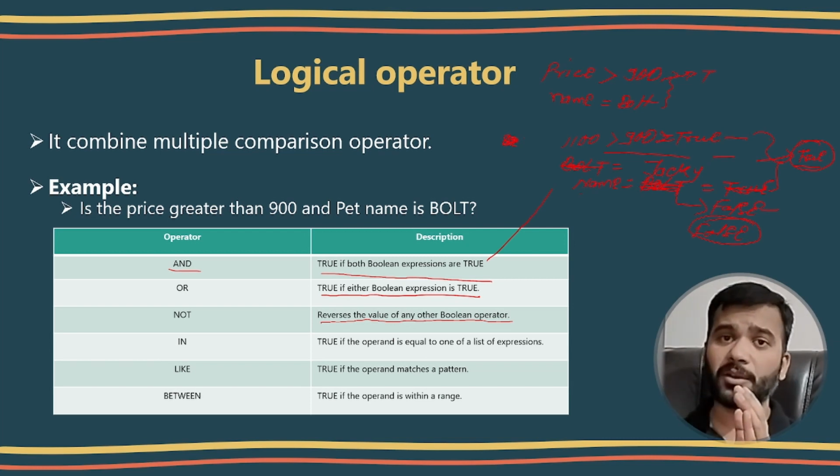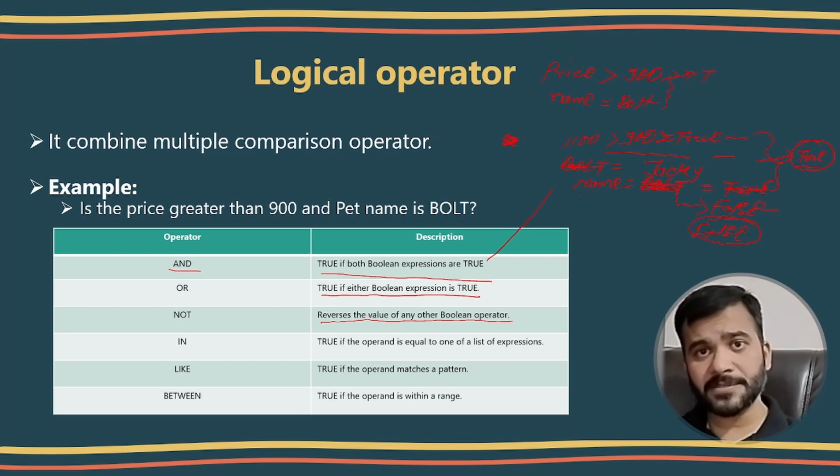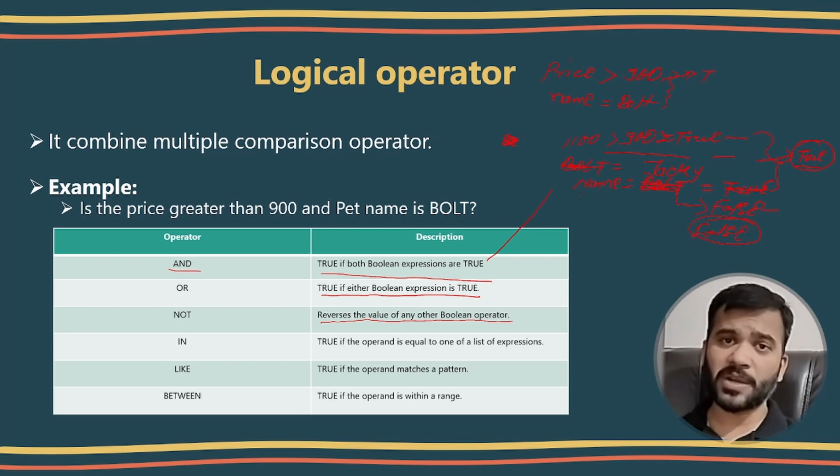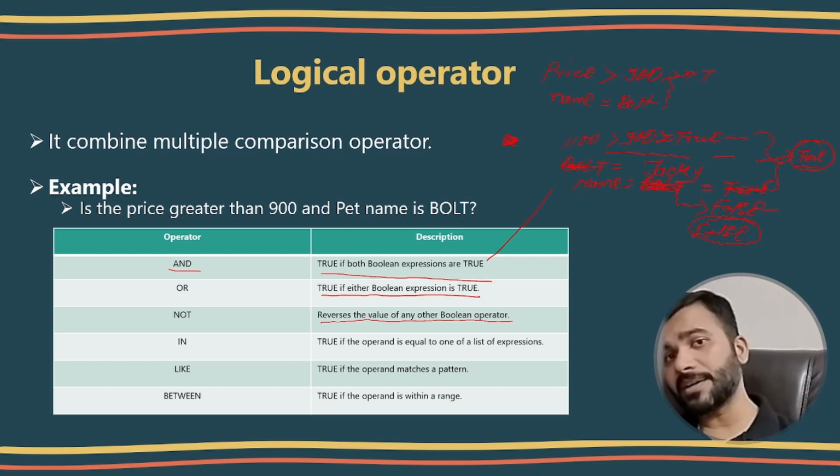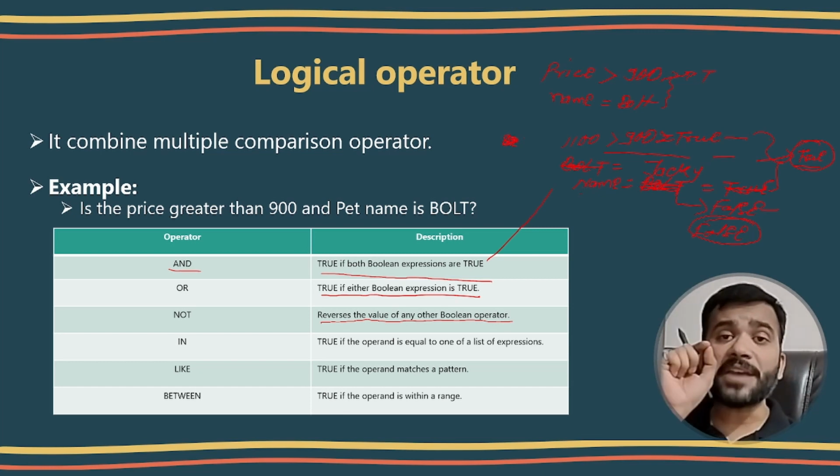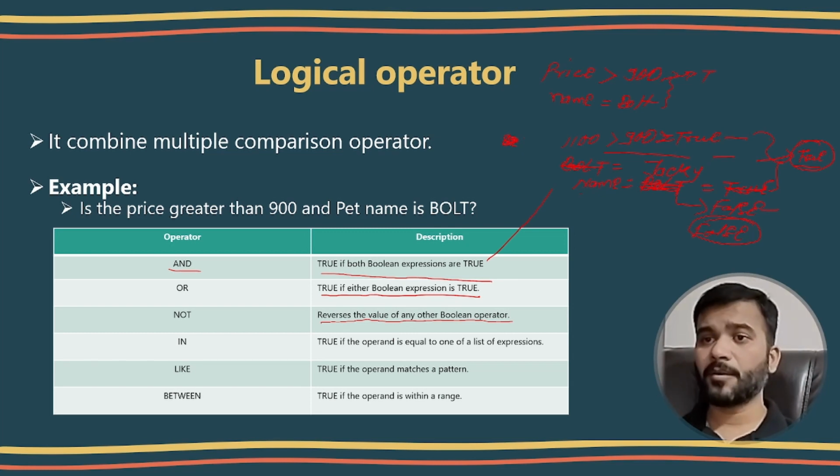Our query will go to the data and find out whether the name is Bolt, Jackie, or XYG, and if yes, then it will return that particular value. If any is true, it will return that. That is basically what IN does.